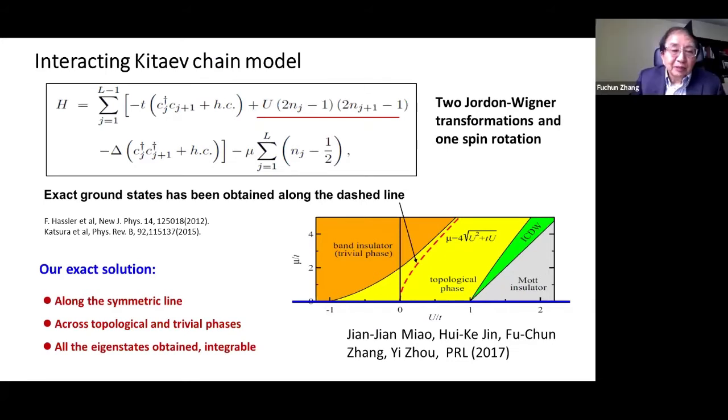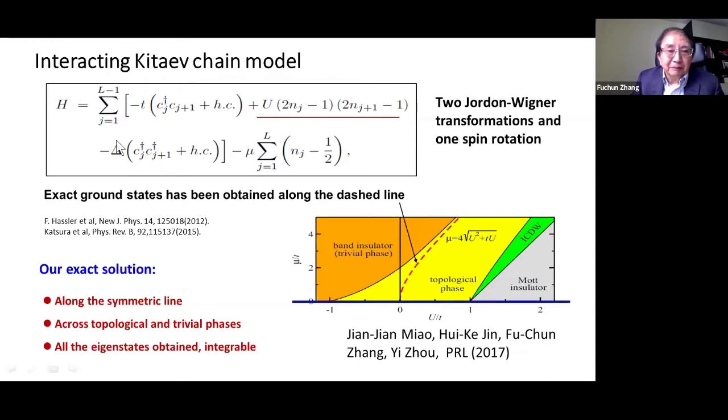The way you can solve it is you rewrite the Dirac fermion c in terms of Majorana fermions, similar to what Kitaev did. Here c_j equals one half of gamma_j1 plus i gamma_j2.